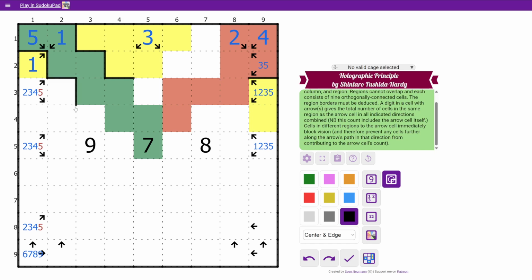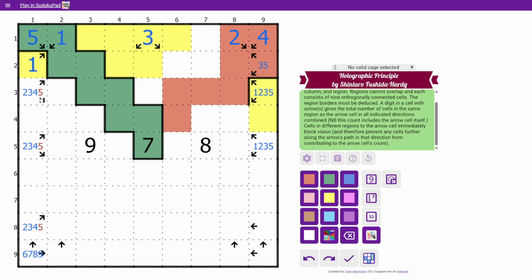Green is 9 cells, so we can draw its border. Okay, yellow must come out. Yellow must come to at least there, so it will get that one.